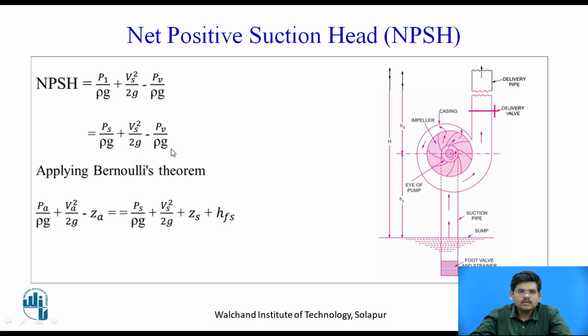Now applying Bernoulli's theorem to this, what Bernoulli suggests is Pa upon rho g, P atmospheric, plus Va square upon 2g plus Za, which is equal to Ps upon rho g plus Vs square upon 2g plus Zs plus Hfs. This is the losses during the flow.